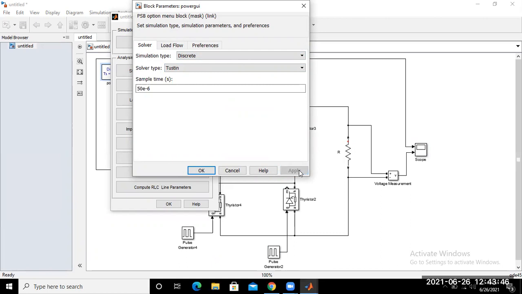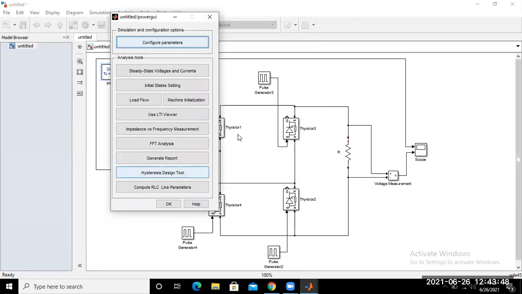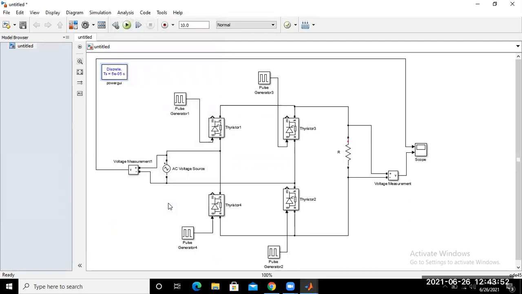So just apply, and again go to the simulation. So just wait a few minutes while we go to the simulation.